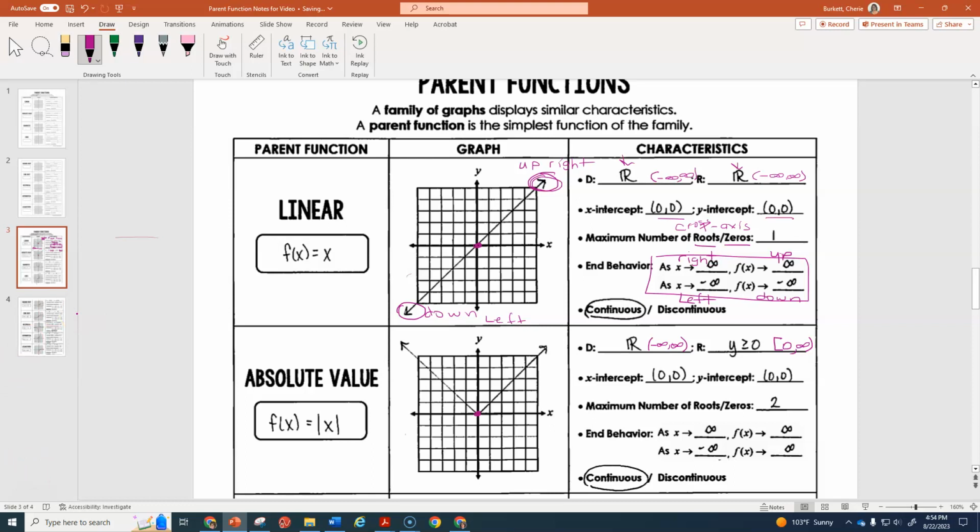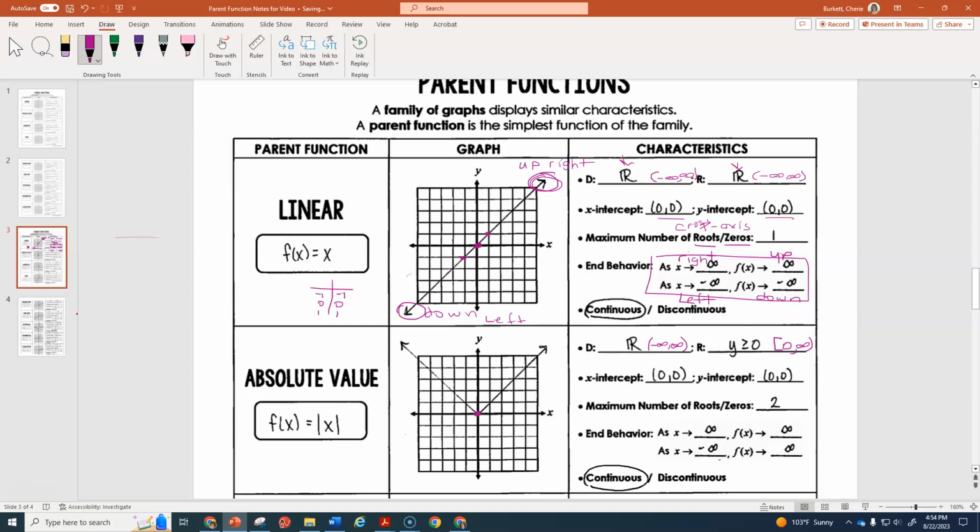One thing I didn't mention, all of these we usually have 3 points that we use to identify each one of the parent functions, and we usually use the points right around the origin. So we use -1, 1. We use, and this one is 0, 0, and we use the point 1, 1.